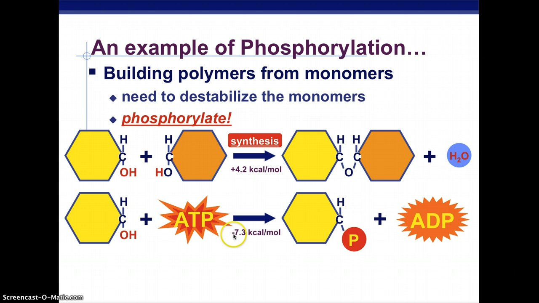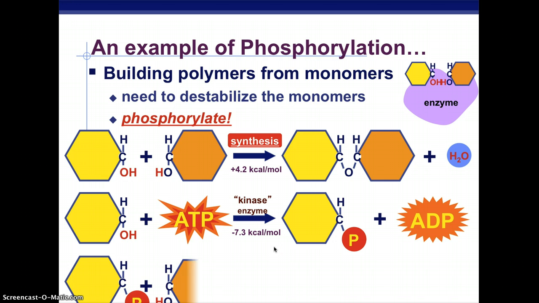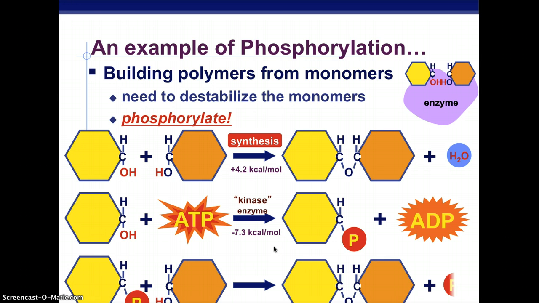We get a net release of negative 7.3 kilocalories per mole. So pairing this reaction up here with this exergonic reaction here, the net reaction becomes exergonic, and we can make the reaction go forward.